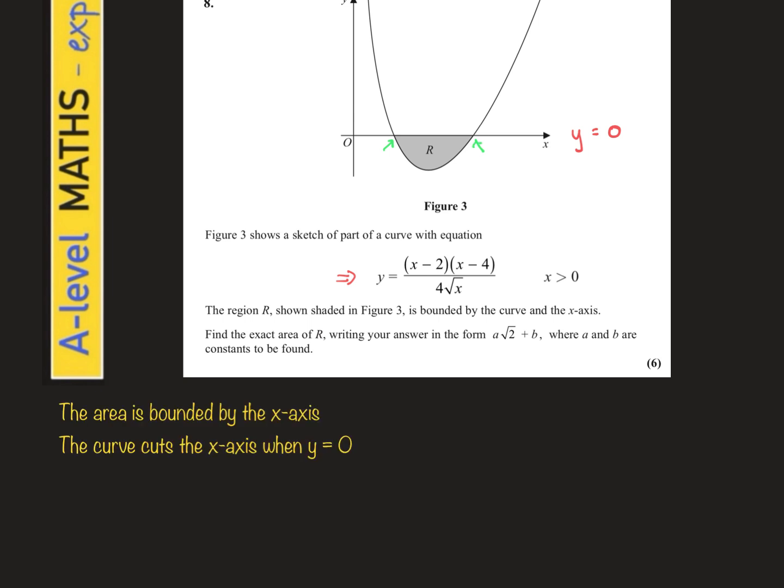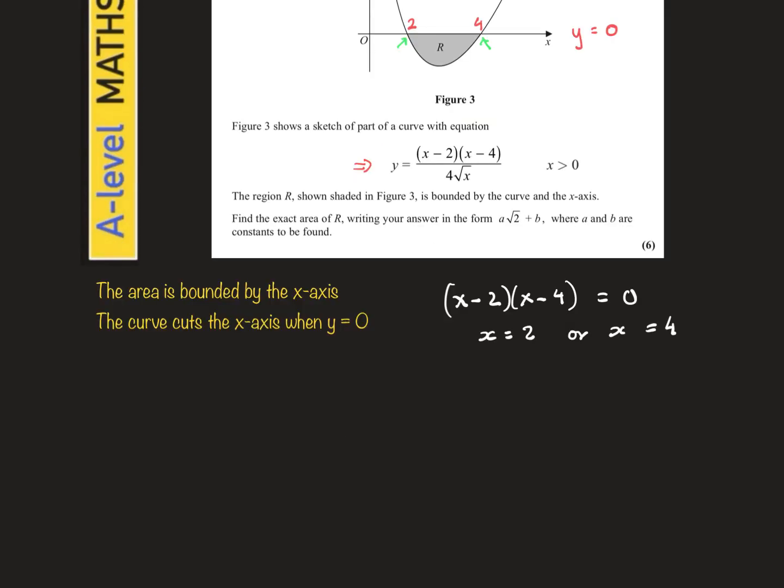This means that the numerator must be 0, and therefore (x minus 2)(x minus 4) is equal to 0. So our solution is that x is equal to 2 or x is equal to 4. This means that it cuts the x-axis at 2 and at 4.